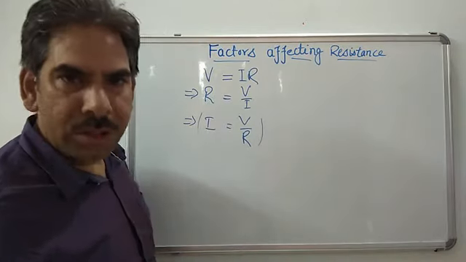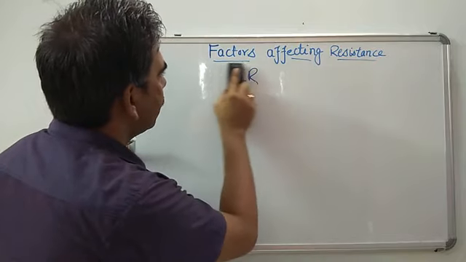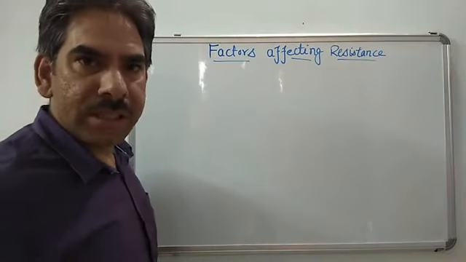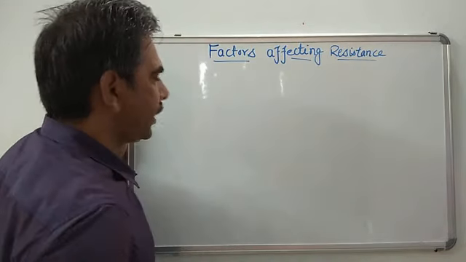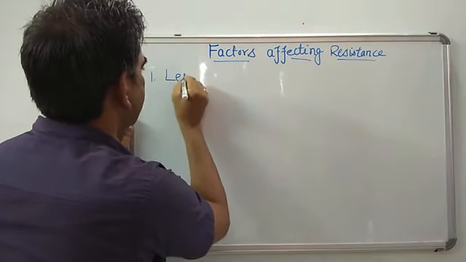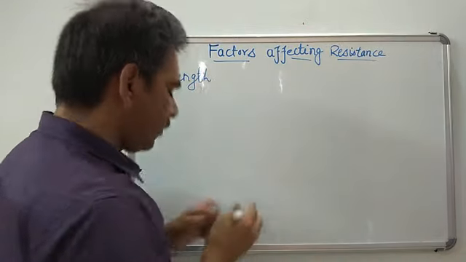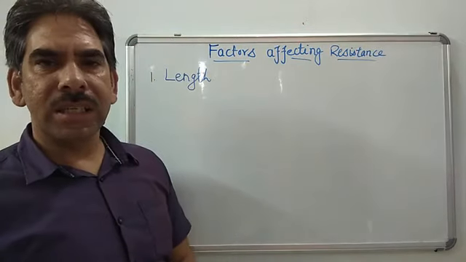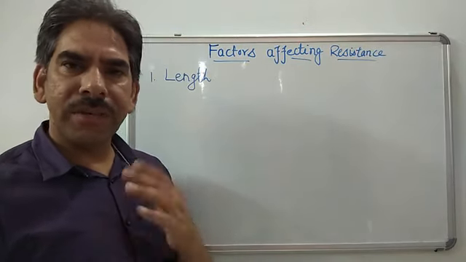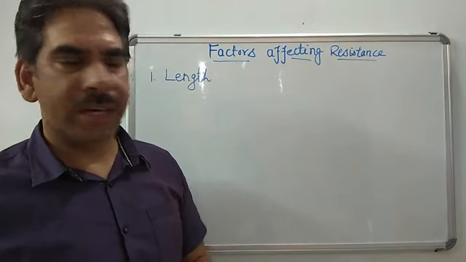Now we talk about the factors which affect the presence of resistance in the conductor. So the very first factor we take is the length of the conductor. Whenever we take conductors of different lengths, it affects the resistance of that particular conductor. So how does it affect?